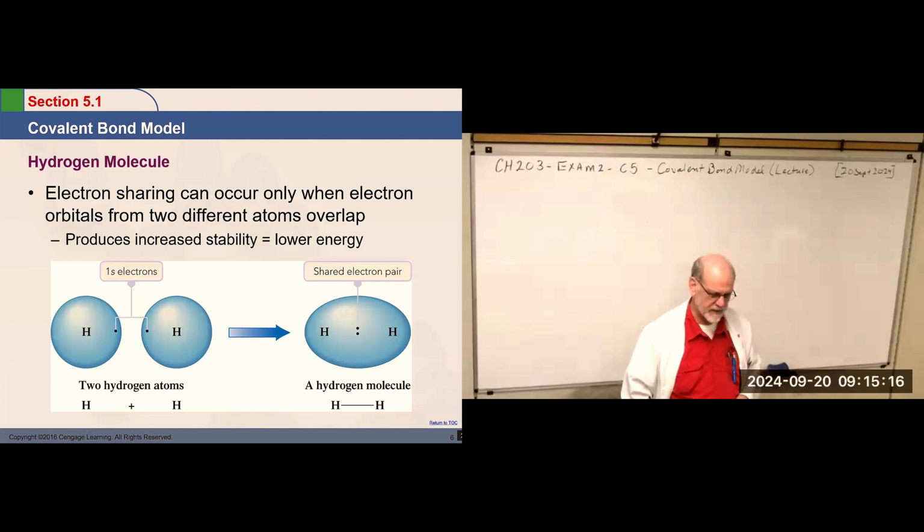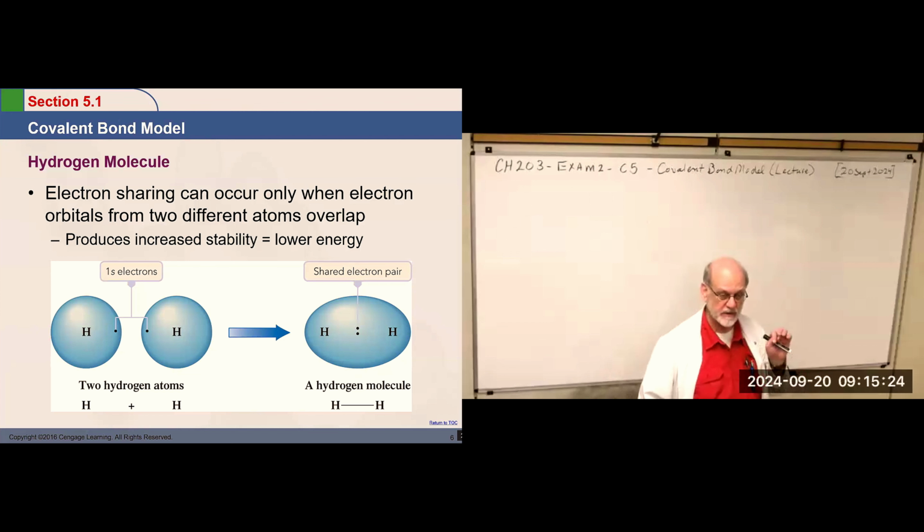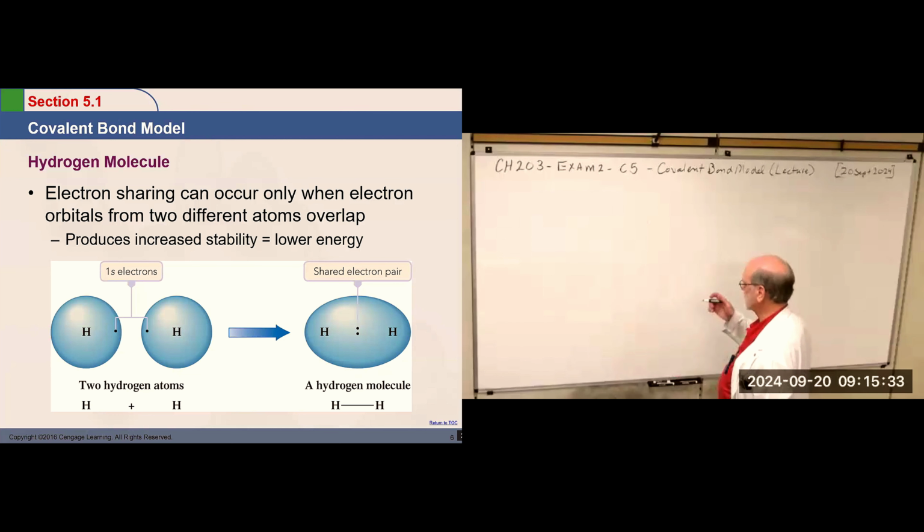So here's a view of the hydrogen molecule, right? One of those diatomics. It's a molecule, but it's still an element. It's a diatomic element. And that distinction, I don't think we've made the distinction yet.